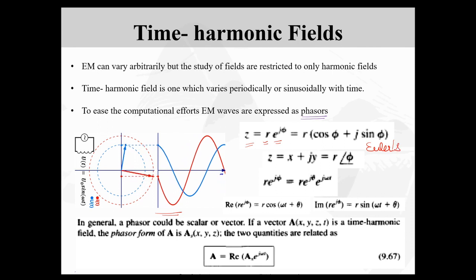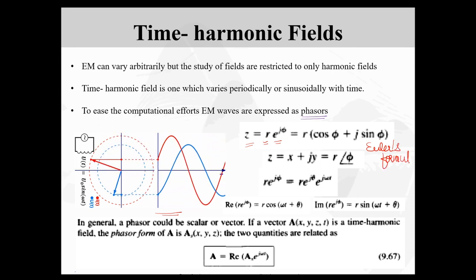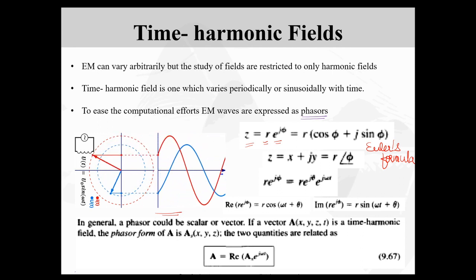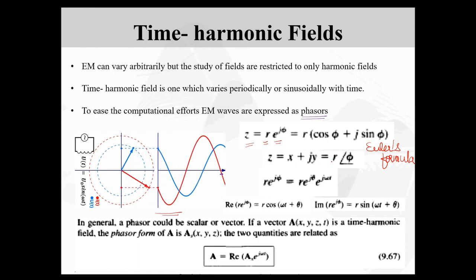So using Euler's formula, we can write any complex number in polar form in this expression. Likewise, we have the rectangular representation of z. So z is written as x plus jy, which is nothing but r at an angle phi.